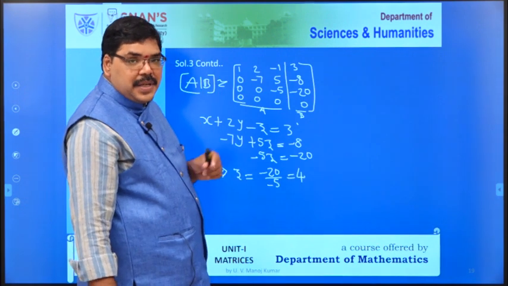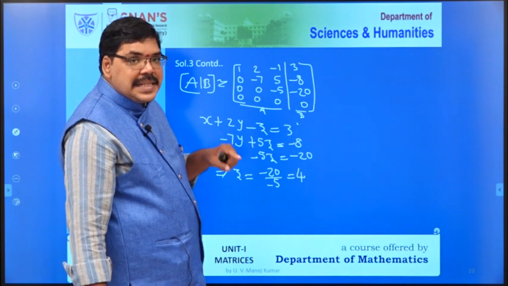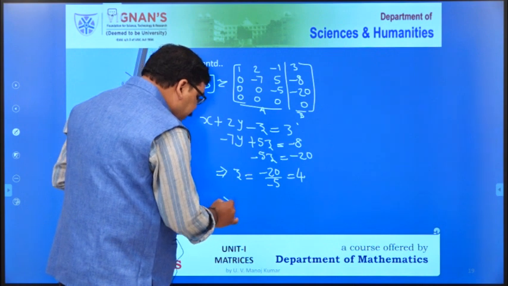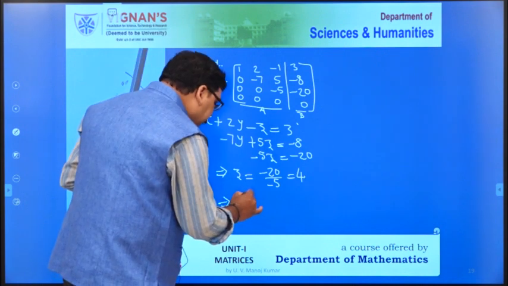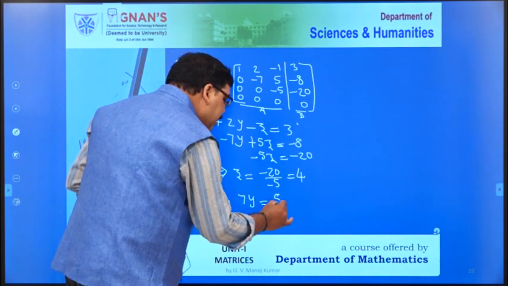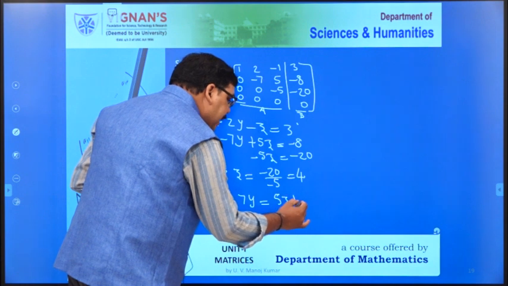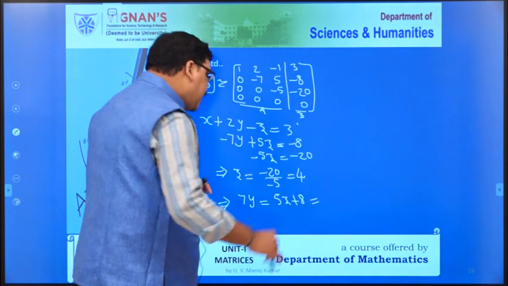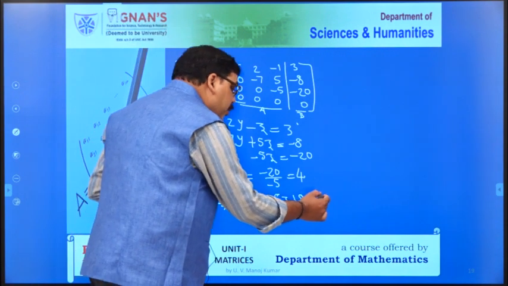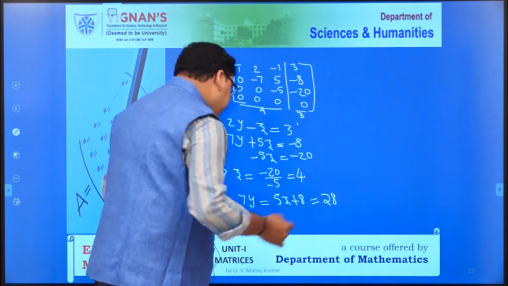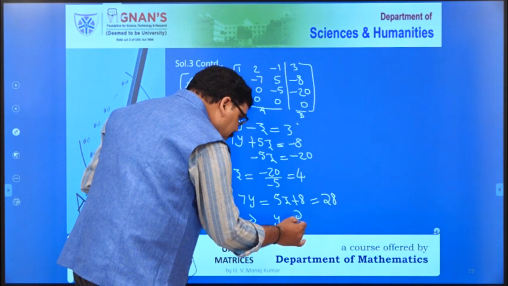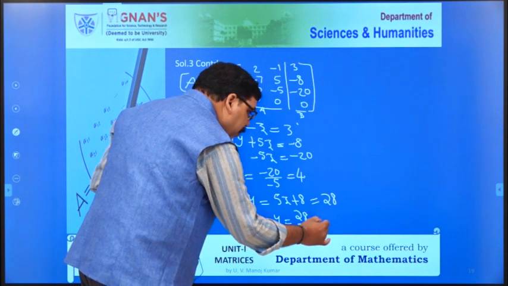After knowing z is 4, substitute in the second equation: 7y equals 5z plus 8. 5 into 4 is 20, plus 8 is 28. So y becomes 28 by 7, which is 4.